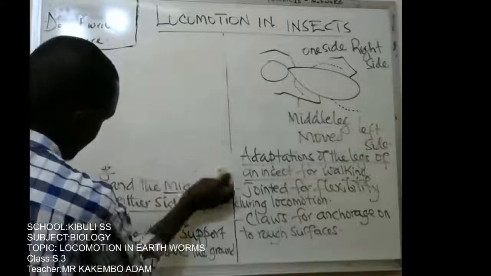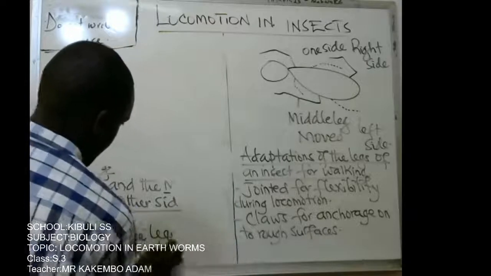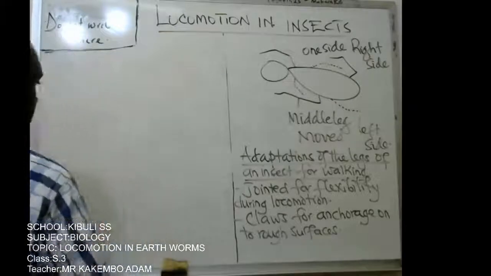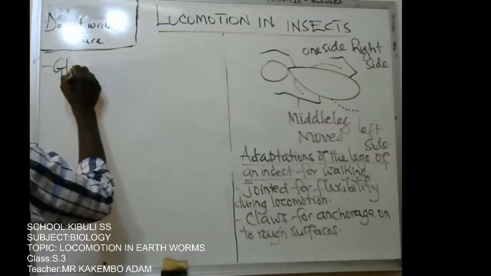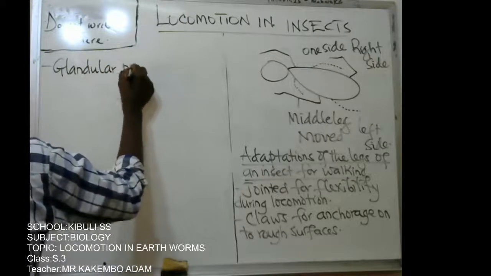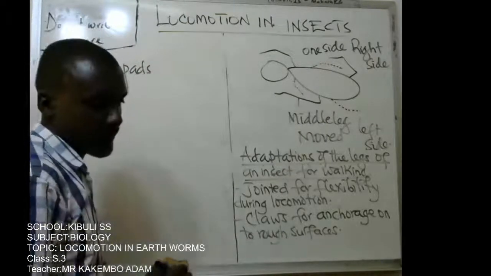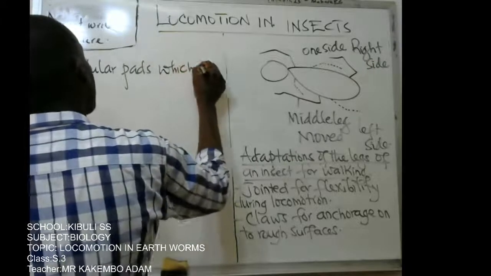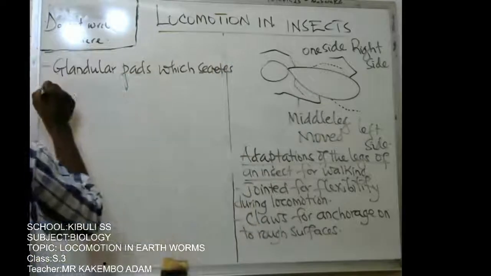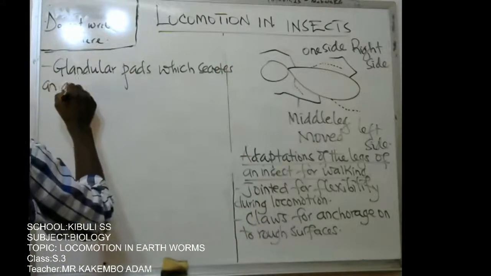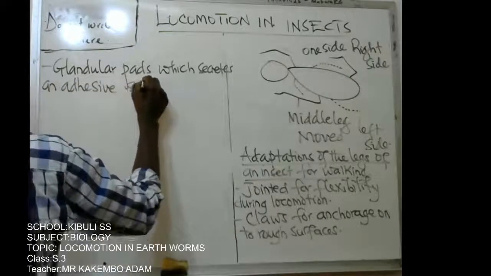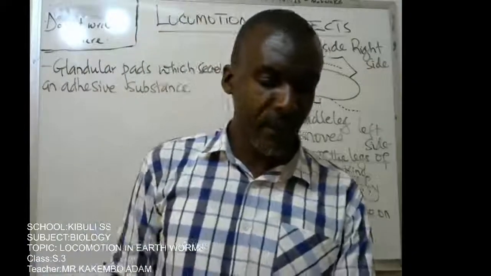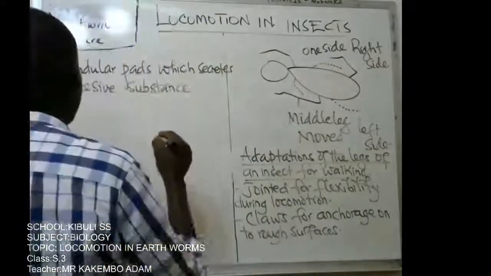They have glandular pads which secrete an adhesive substance, an adhesive substance that enables the insect to walk on smooth surfaces.